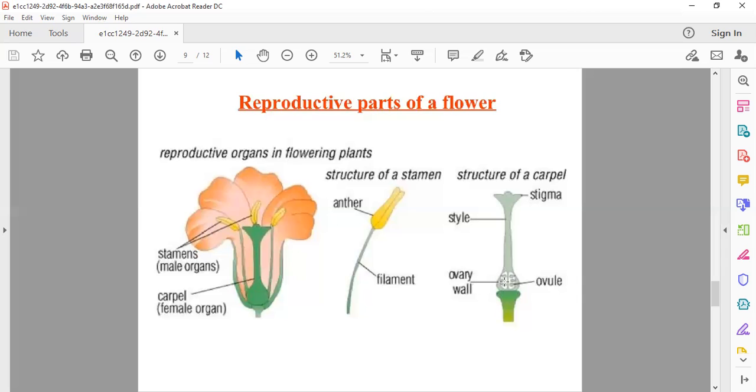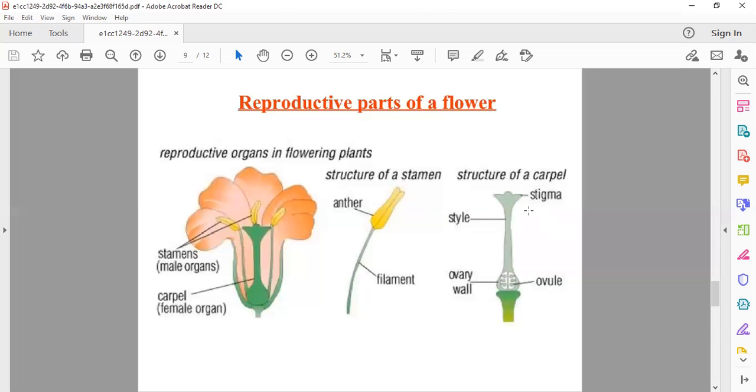Inside the ovary, there are small bead-like structures known as ovules. So these are the reproductive parts of a flower. This is the male reproductive part, the stamen, and this is the female reproductive part of a flower, known as the carpel or pistil.